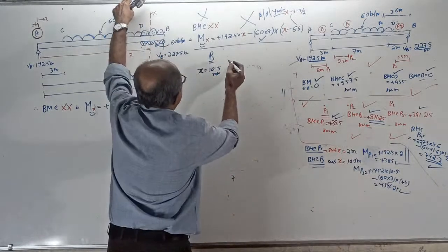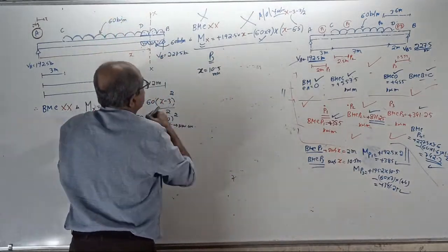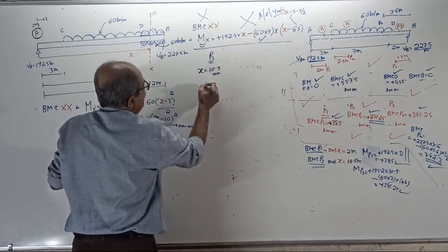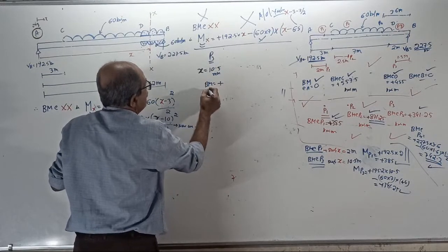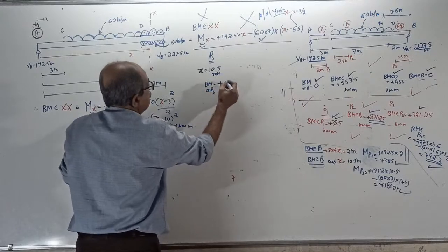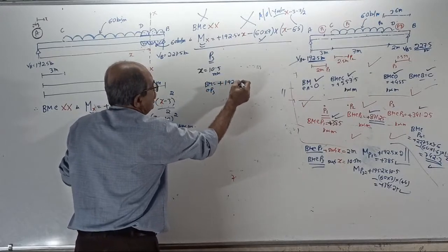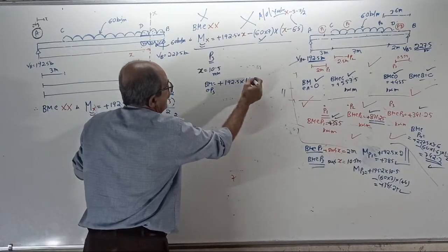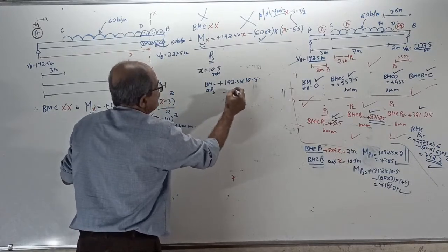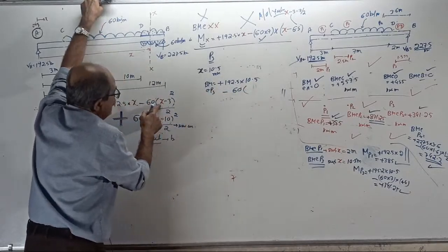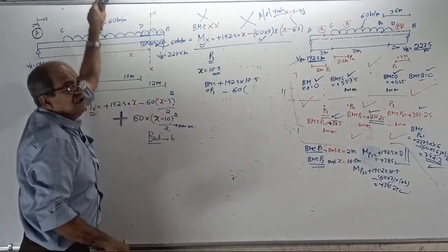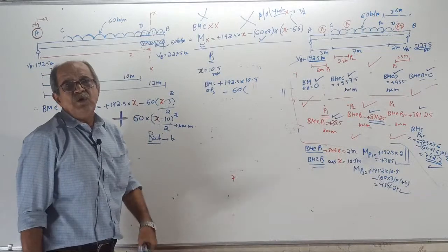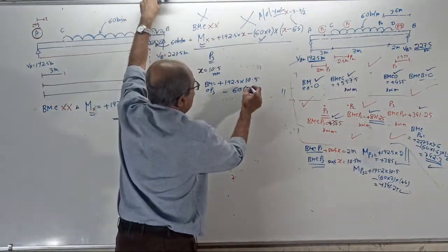Okay, start. At 10.5 meter, BM at P3 equals plus 192.5 into 10.5, minus 60 into (10.5 minus 3). 10.5 minus 3 is 7.5.